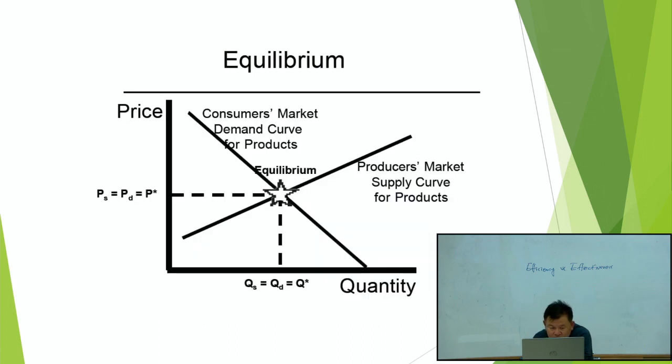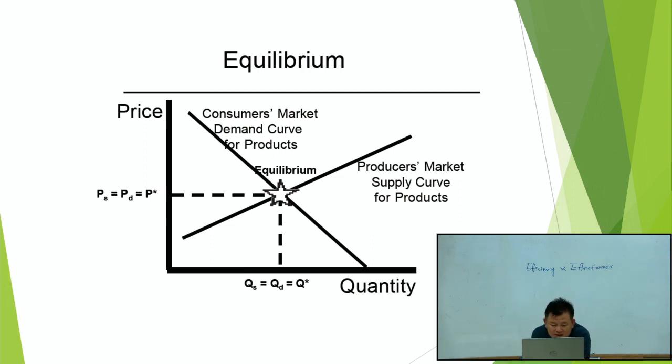So I show the equilibrium graph in this style. This is the demand curve and the supply curve. The x-axis is quantity, the y-axis is price. The consumers' market demand curve for products slopes downward to the right, but the producers' market supply curve for products slopes upward.